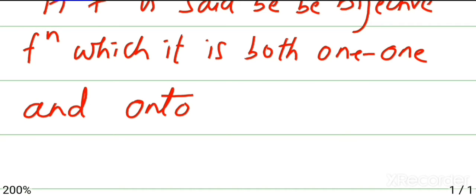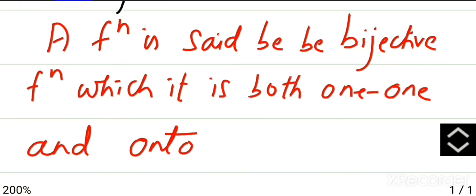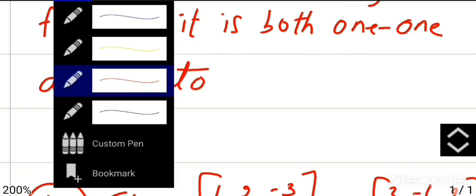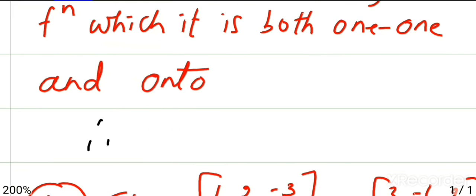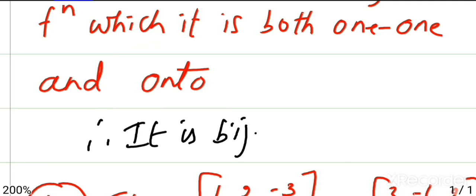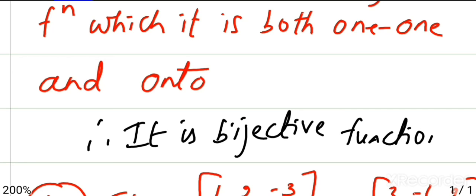If the function is one-one and onto, then it is called bijective. So there is a definition, you can just learn that definition. Therefore, since we have proved it is one-one and onto, we can conclude that it is a bijective function.